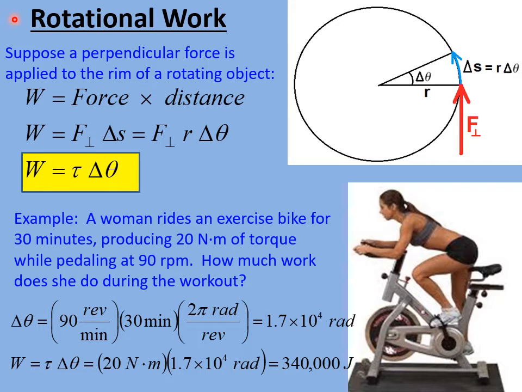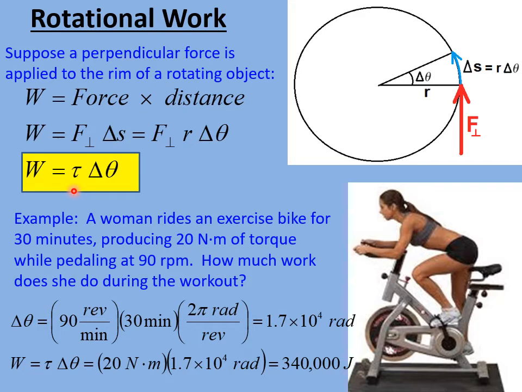If a force is being used to rotate an object, this is a form of rotational work. Let's not worry about the derivation here. It's actually pretty simple. But the key thing is, remember, for regular work along a straight line, which is technically called translational work, work is equal to force times distance.